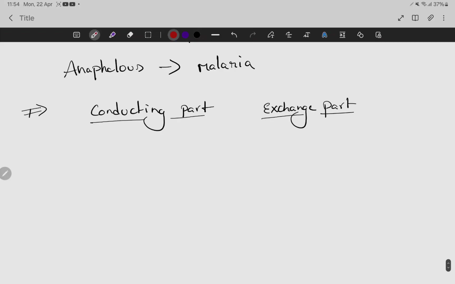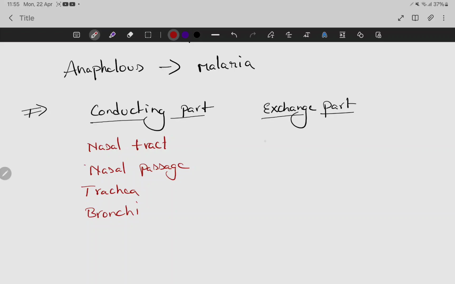Conducting part is nasal tract, nasal passage, trachea, bronchi, terminal bronchioles. Exchange part is alveoli.